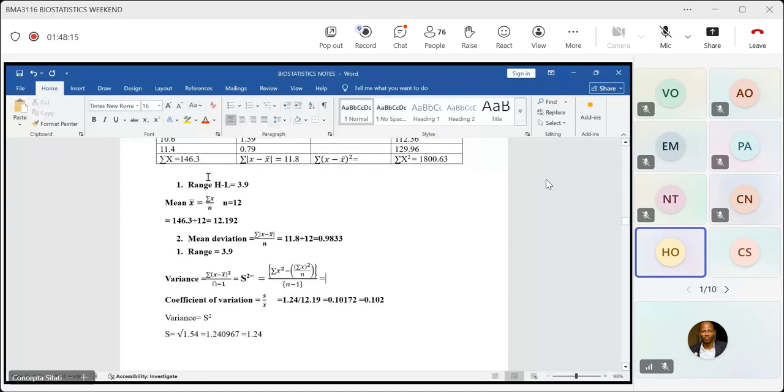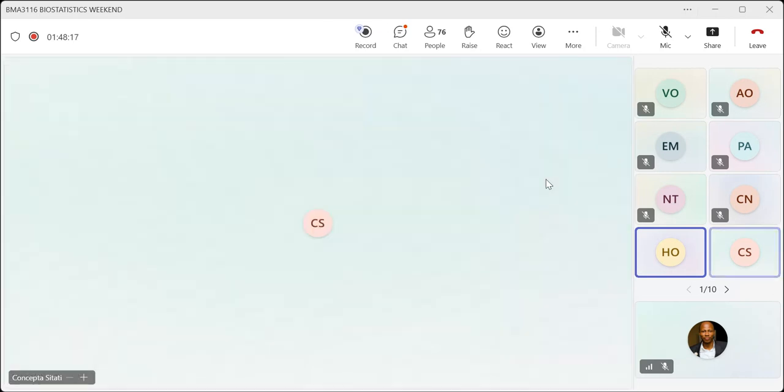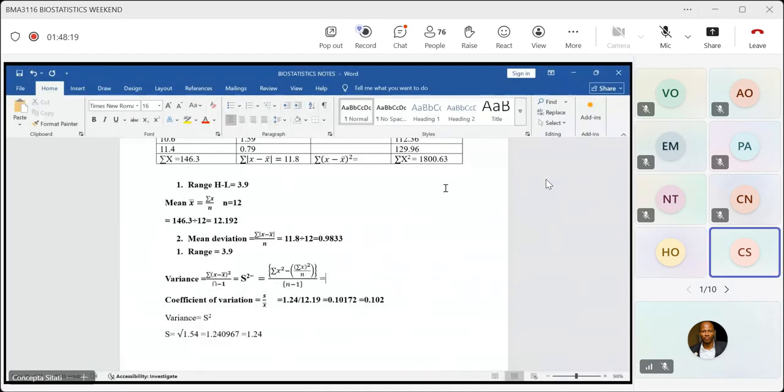Haizi kwa x squared because we're using the expert way. 146.3 squared divide by n. Ukapata nini hapo? 1800 minus.